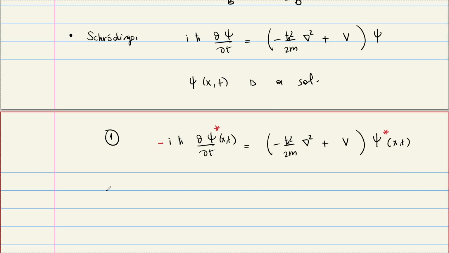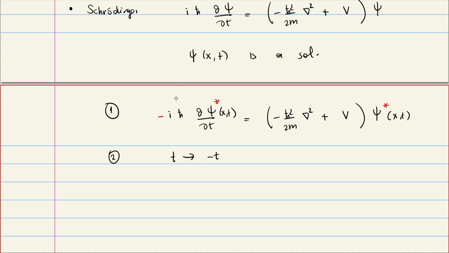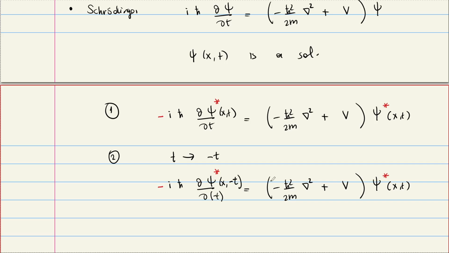And in the second step, I want to change, so this was the complex conjugation, wherever I see t, I want to put minus t. So I put here minus t, here minus t, and here minus t.